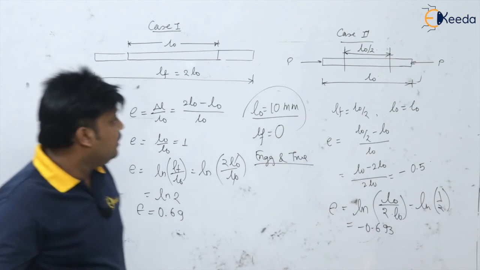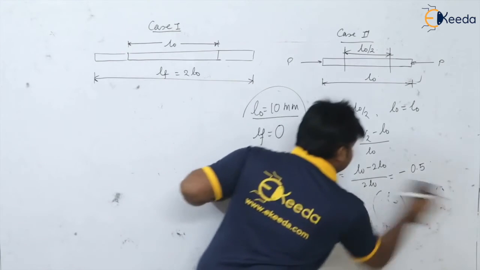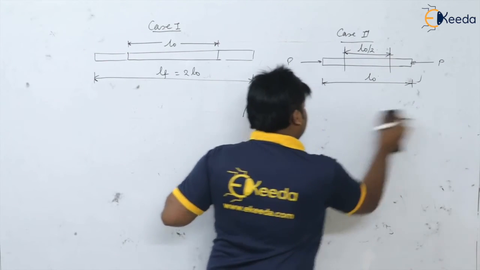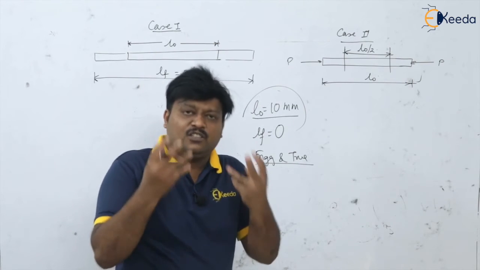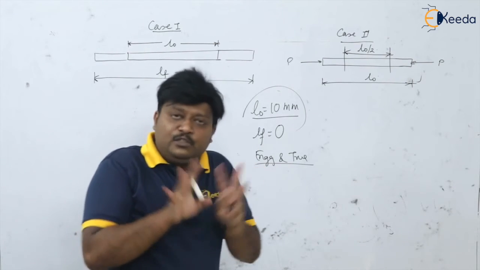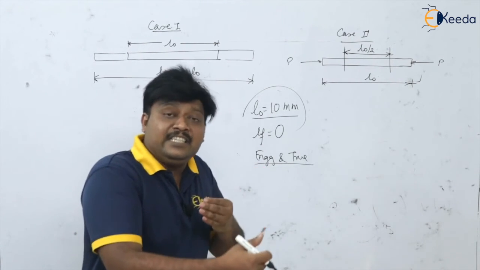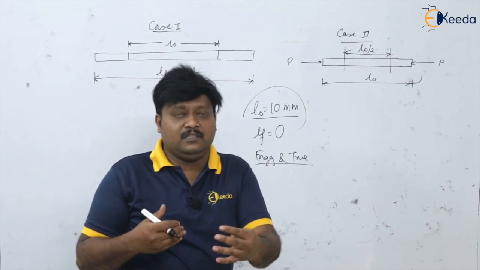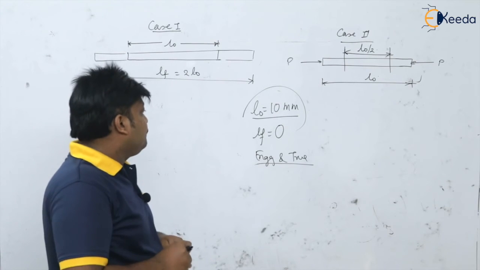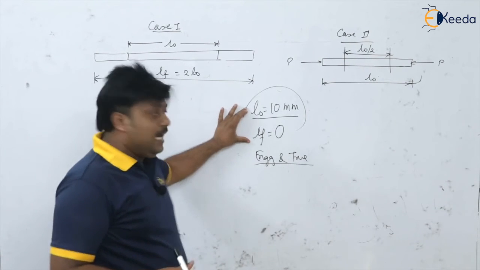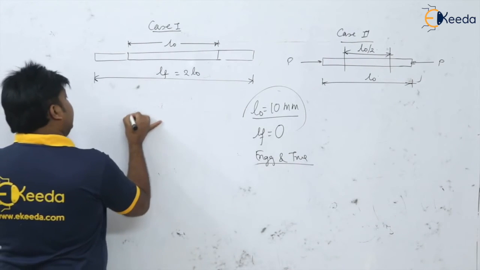Let us calculate and see what you get. One thing is very clear, dear students, that when the values of strains are small, there is no huge difference between the engineering strain and the true strain. But let us see this example. First I will calculate the engineering strain.